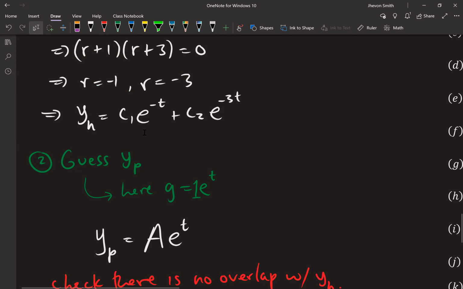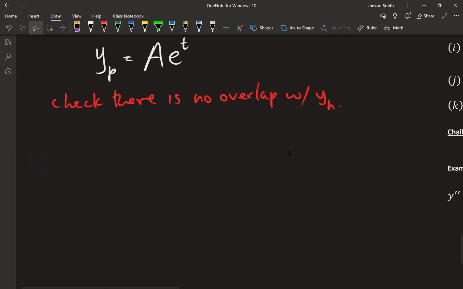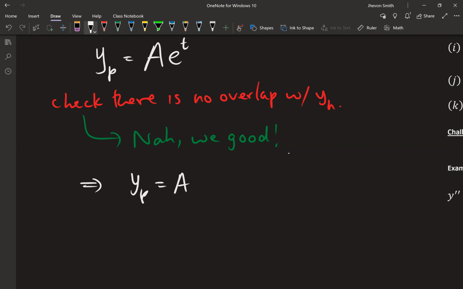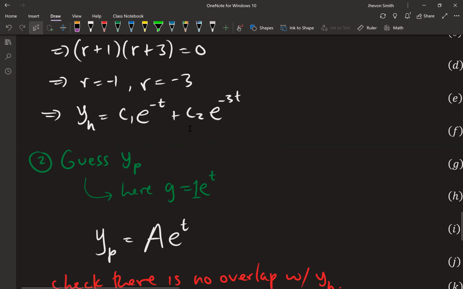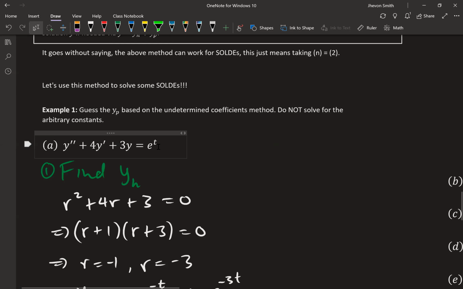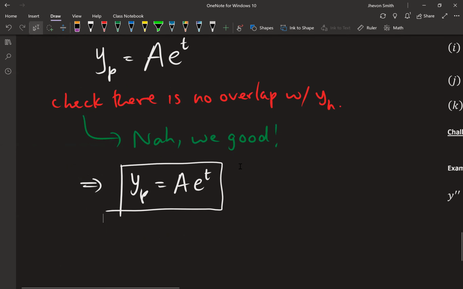So I look up here. Does any of these look like a constant times e to the t? The answer is no. We're good. Right? So that's your yp. A e to the t would be the guess here. Now, in general, you'd have to figure out what that A is when required, but for this particular example, I just want you to get practice on guessing what the form would look like.